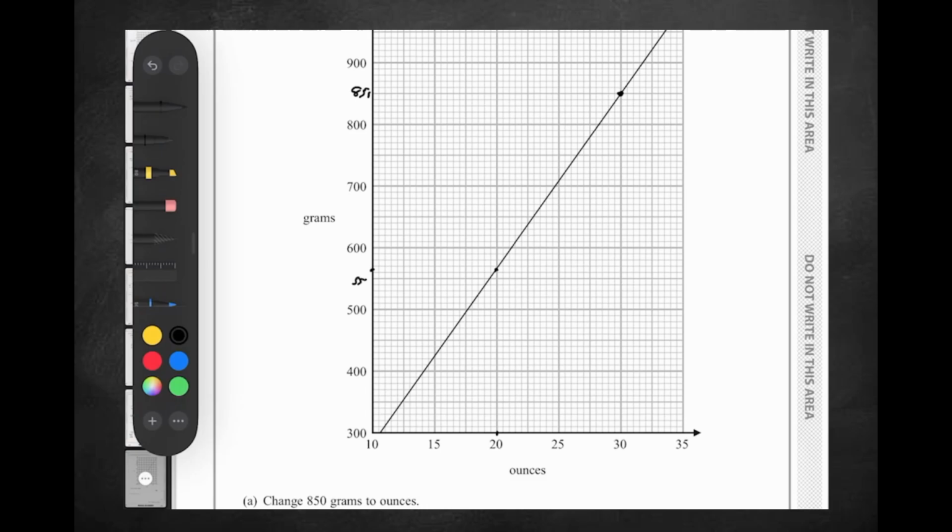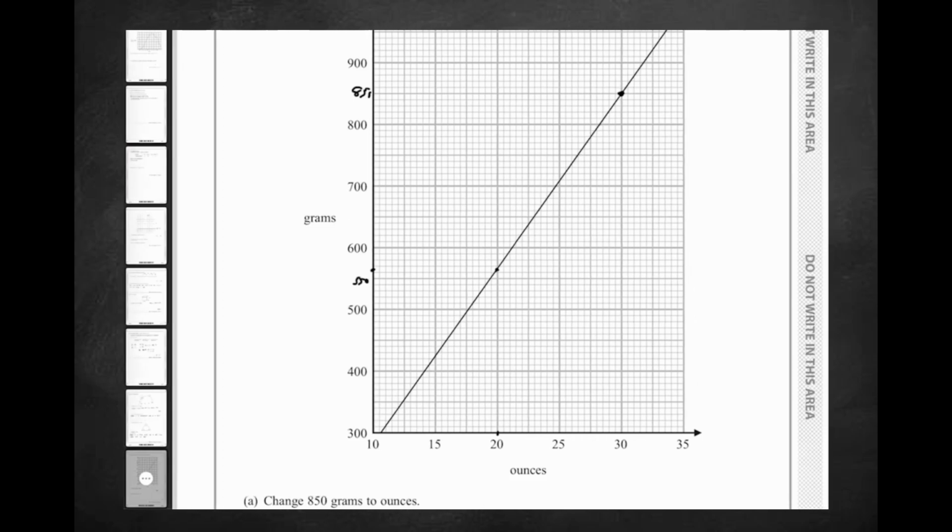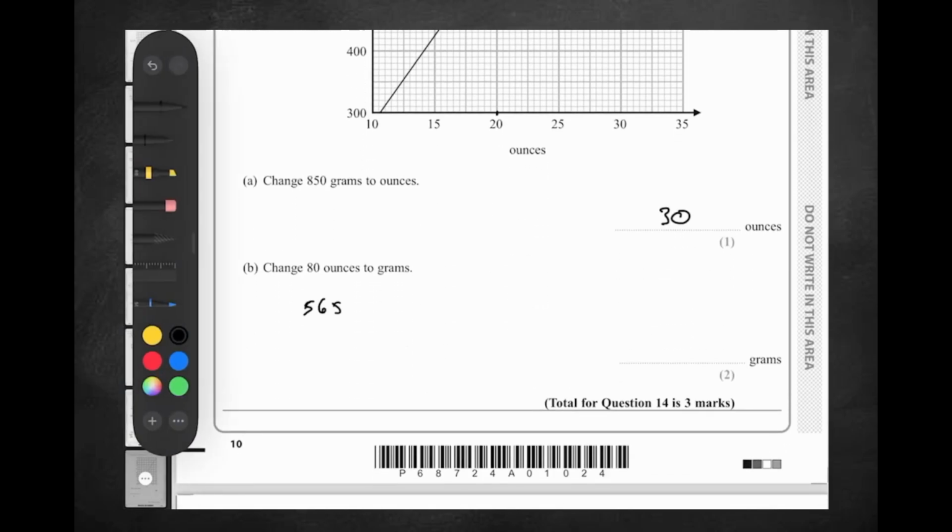So if that's 550, next one will be 560. So we'll say 565 grams is 20 ounces. And then on my calculator, 565 times 4 is 60 grams is 80 ounces.